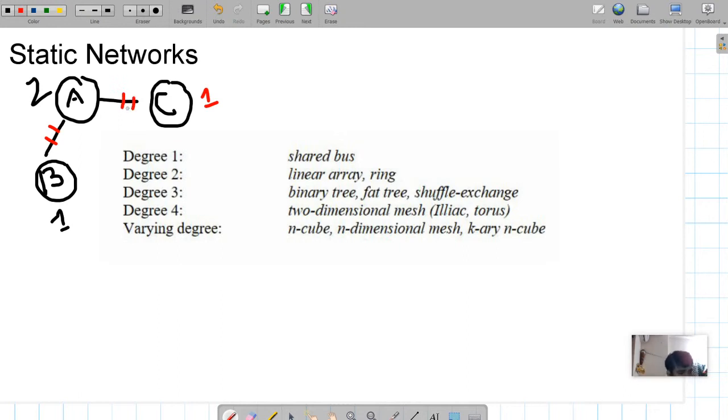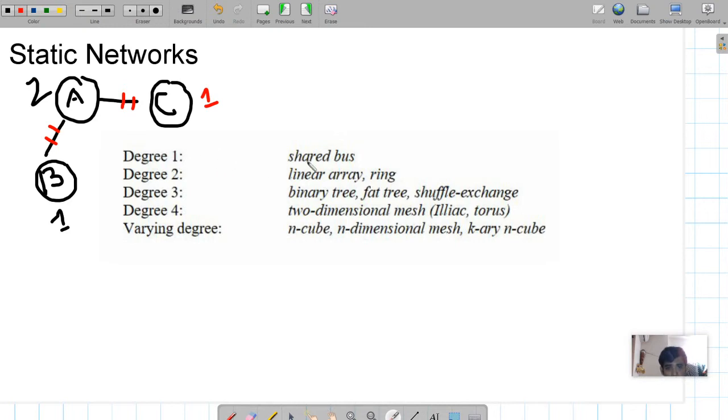So, depending on the degrees, you can classify the interconnection network topologies which we have observed a few moments before into different categories.